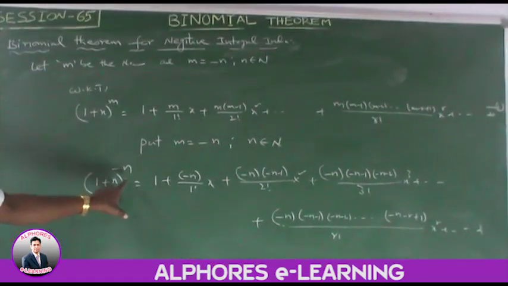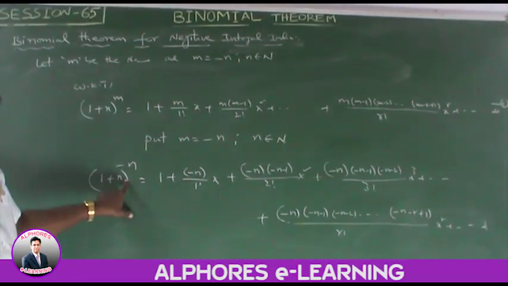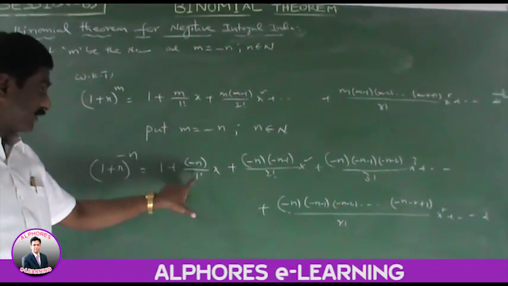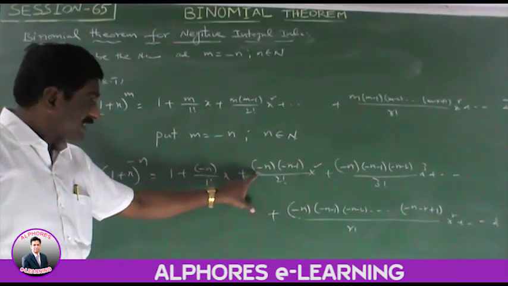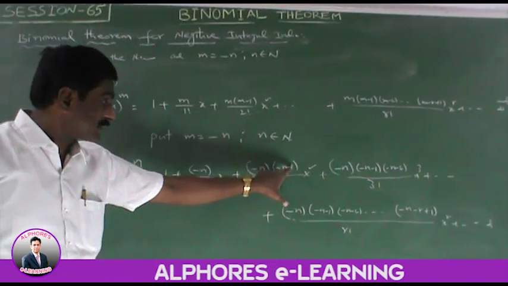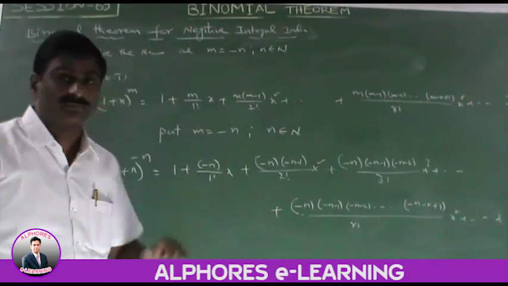(1 + x)^(−n) = 1 + (−n)/1! x + (−n)(−n − 1)/2! x² and so on.